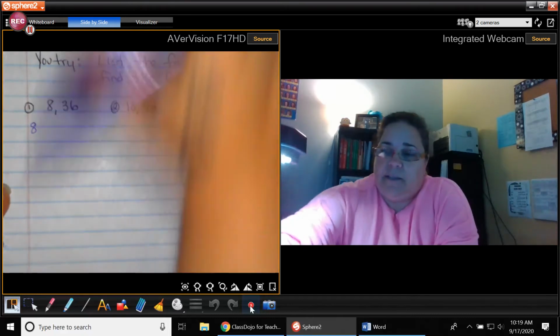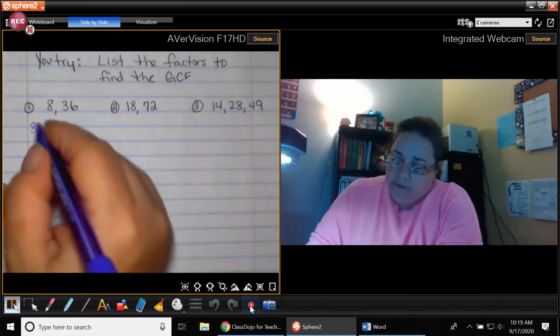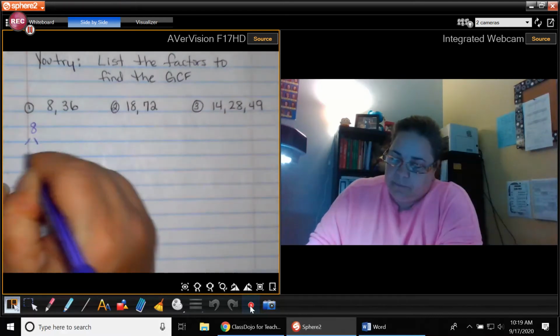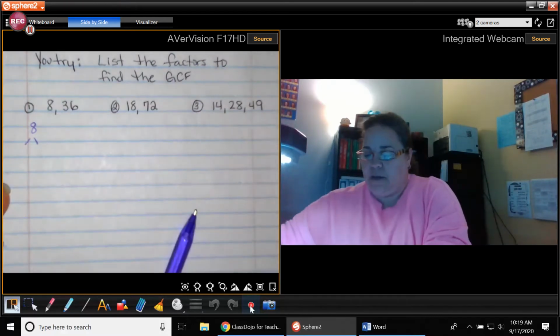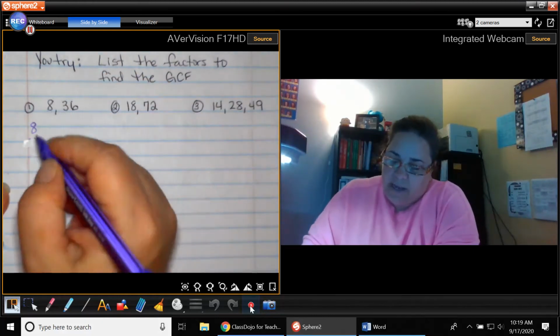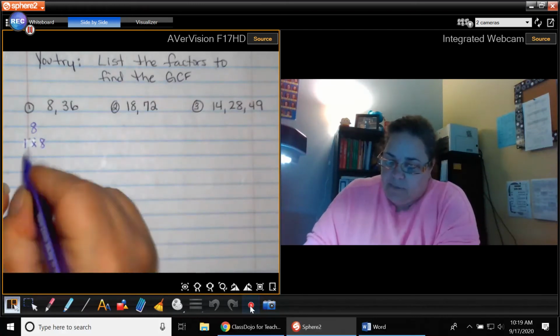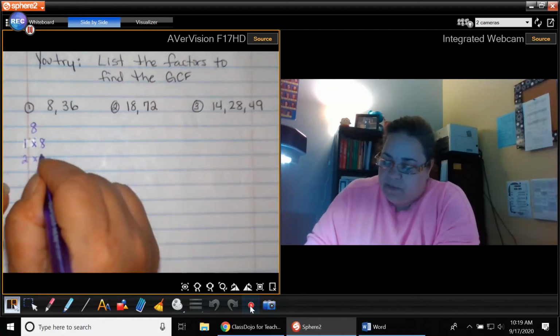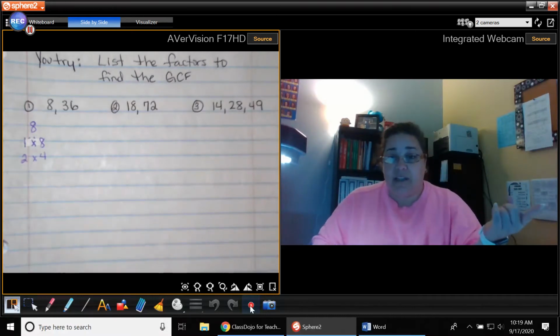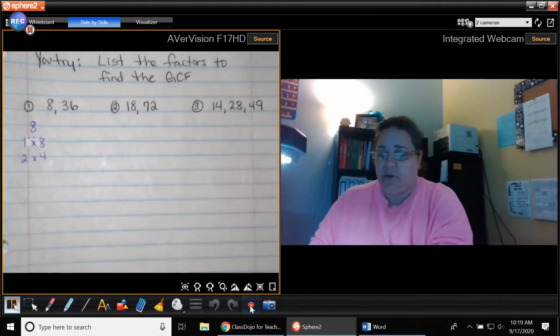For 8, sorry, no prime factorization here. I'm just listing. Okay, 1 times 8, I have 2 times 4, 3 doesn't go into it, and at the bottom I'm right back to 4. So those are my factors, okay?